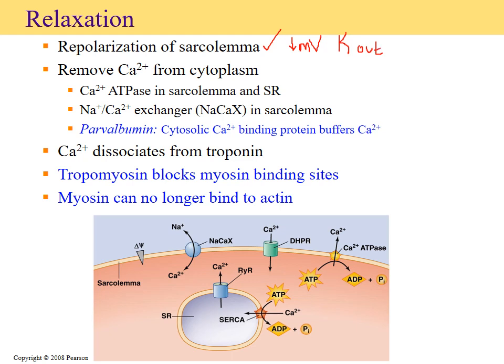And as repolarization is initiated, we need to get rid of that excess calcium floating in the cytoplasm. The way we're going to do that is by utilizing ATP transporters in both the sarcolemma and the SR region, the sarcoplasmic reticulum. Now, some organisms, not humans, will also utilize another protein called parvalbumin.